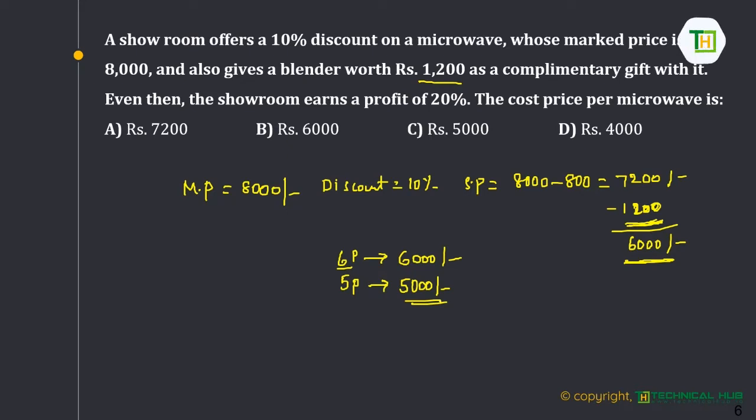Now they are collecting only 6,000 for the microwave, but still they get a profit of 20%. So I bought it for 6,000 and I'm getting a profit of 20% means the cost price of that microwave is just 5,000 rupees.